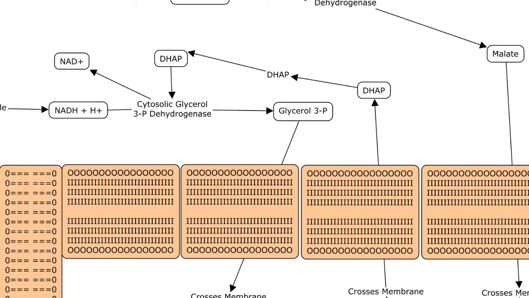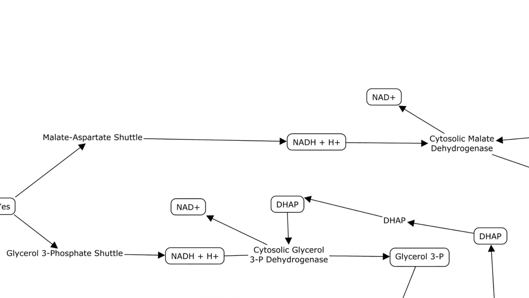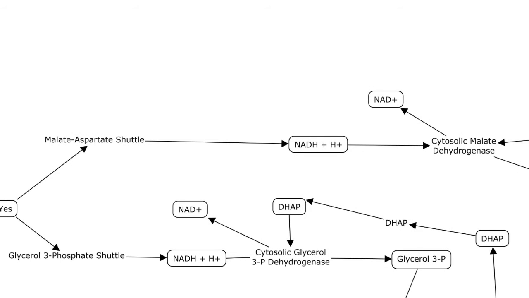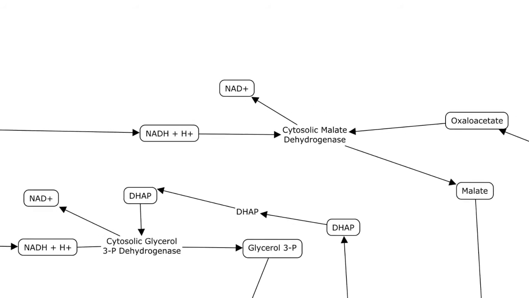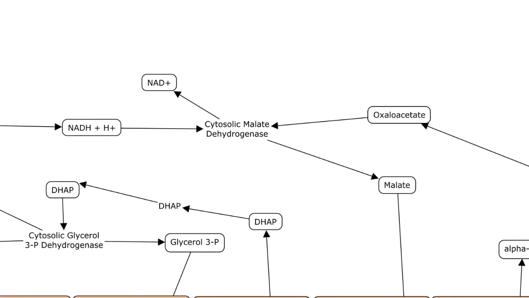The other option for getting those electrons across is the malate aspartate shuttle. This is a little more complicated, but still not that difficult to learn. We've got our NADH and our H+. The enzyme here is the cytosolic malate dehydrogenase. So I'll give you three guesses what the enzyme on the mitochondrial side is called. What's that going to do? We're going to drop off our electrons to oxaloacetate.